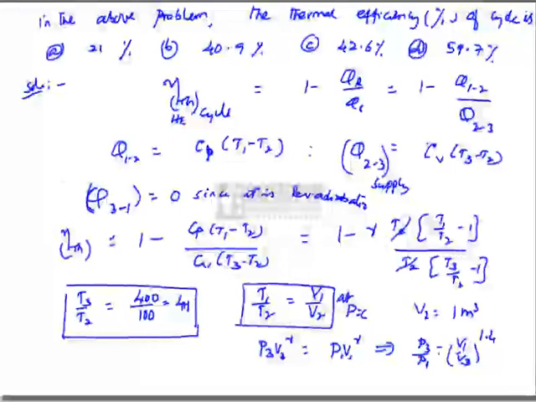P1 is P2 as shown in the figure, implies 400 divided by 100 is equal to V1 divided by V3, which is V2, given as 1 meter cube, whole power gamma. Therefore, V1 is equal to 4 to the power of 1 by 1.4. Substituting these values in the above formula, we could obtain thermal efficiency of the cycle. This is the solution.